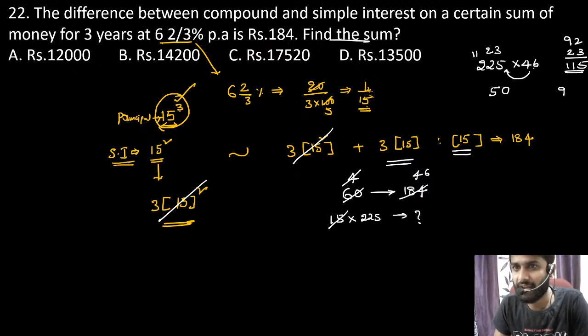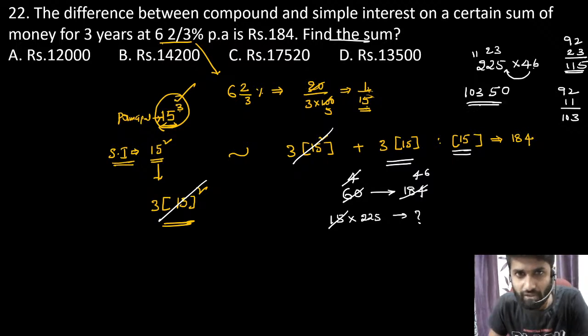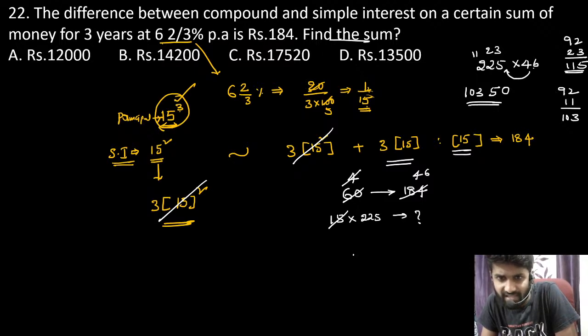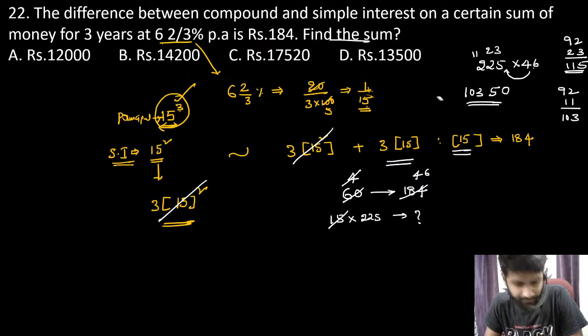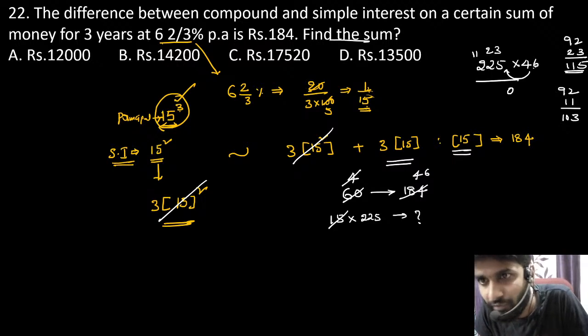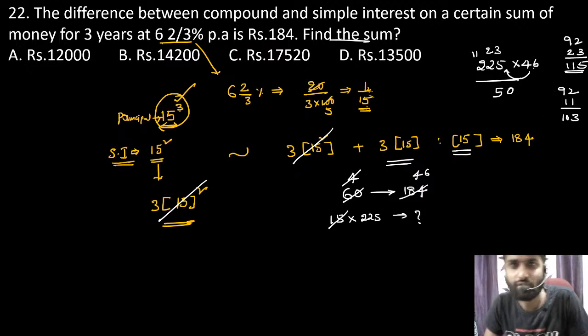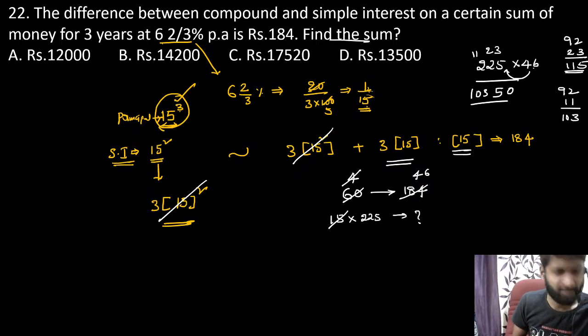Again, 46 twos are 92, plus 11 makes 103. So the answer is 10350. Wait, let me recheck: 46 fives are 230, carry 23; 46 twos are 92, plus 23 is 115; 11 carried forward, 46 twos are 92, 2 plus 11 is 13 and 3. So the answer is 10,350. Here there is no such option.